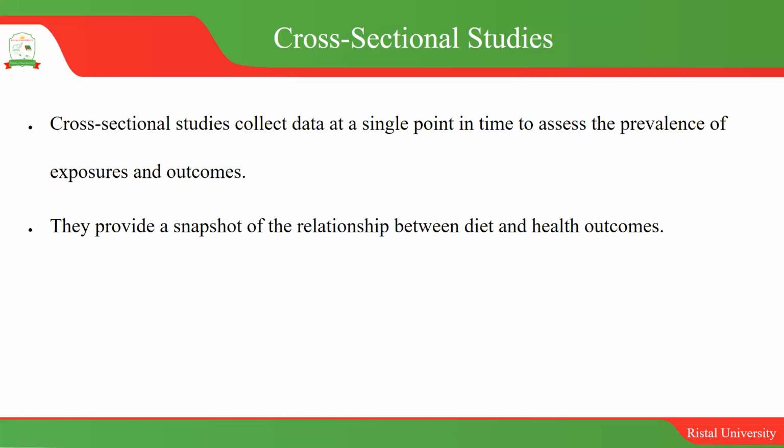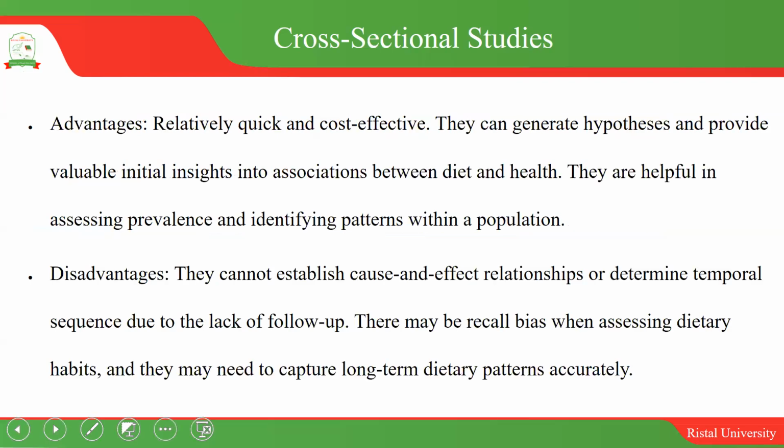We may be interested in knowing how many people have hypertension, that is a health outcome, or how many people consume a lot of sugars. We basically want to know the prevalence, and that's all that cross-sectional studies will actually tell us.